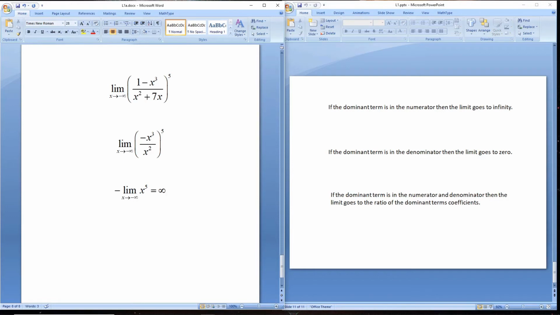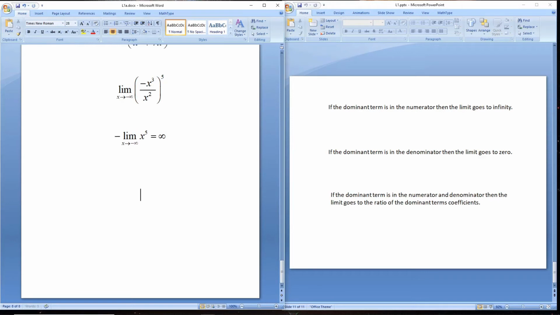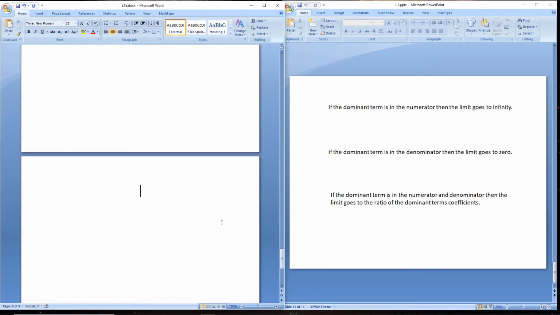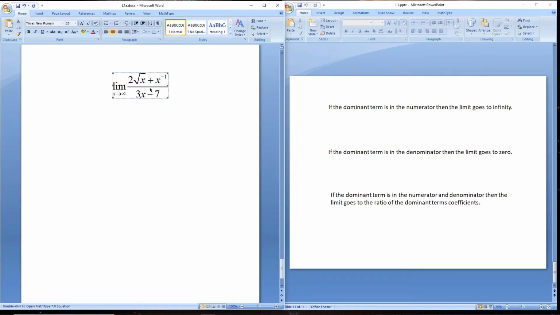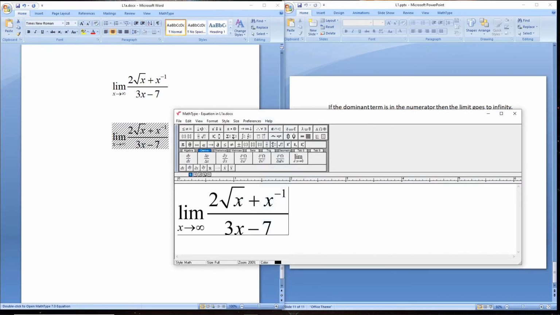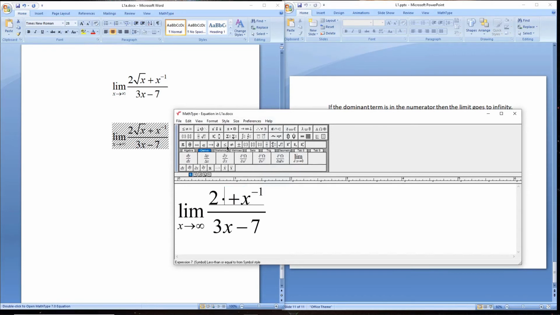But let's check out another one that looks even scarier. And I think what scares some people about this is that -1 hanging there. So dominant terms. Square root, recall, means power half.